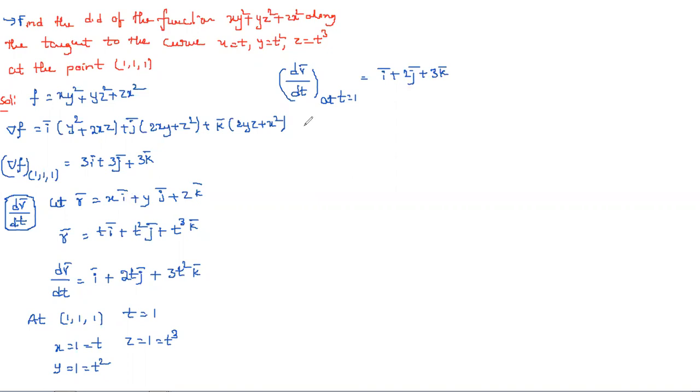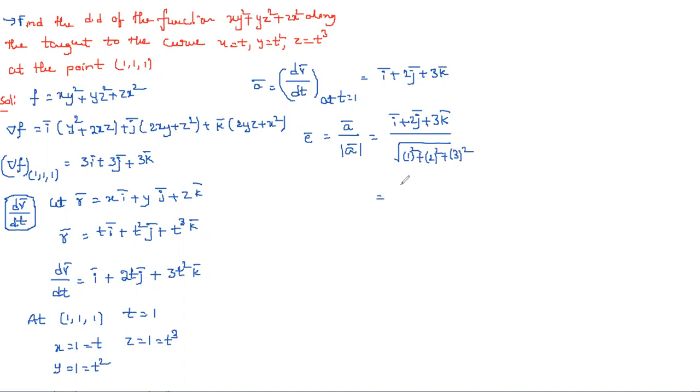Now if you want, you can give a name for this as a bar, the direction. And now you can find the unit vector, a bar by modulus of a bar. This is nothing but i bar plus 2j bar plus 3k bar by the square root of the magnitude of this, 1 squared plus 2 squared plus 3 squared.